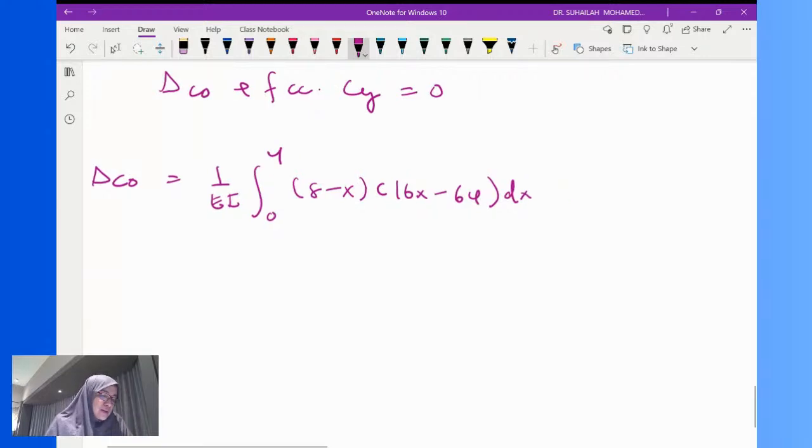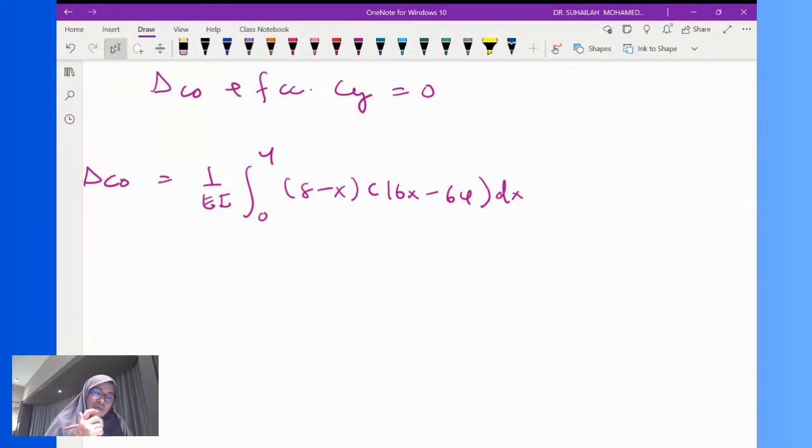Okay, please integrate for me for the answer. The answer is in terms of EI. Please calculate for me the answer for this integration. It is from 0 to 4, 8 minus X for MC and 16X minus 64 for M naught. Integrate these two. What do you get? Integrate using calculator.